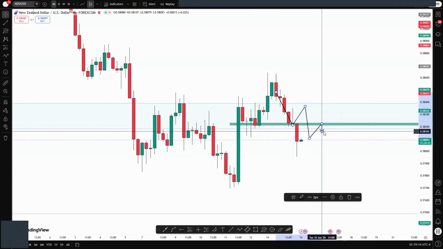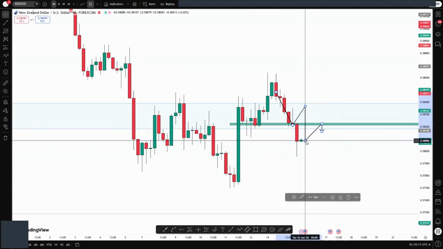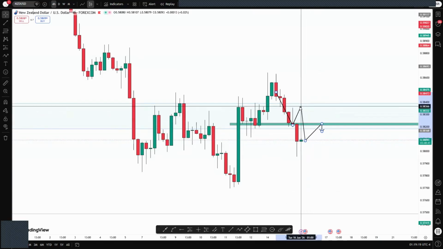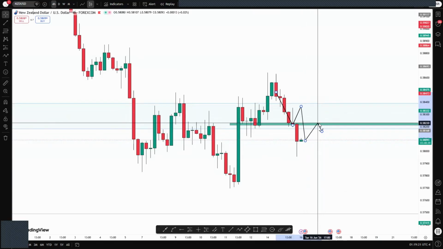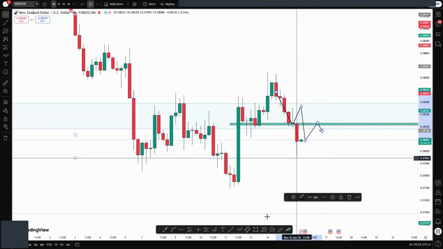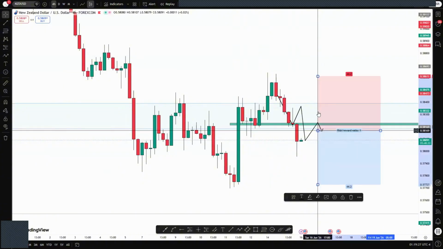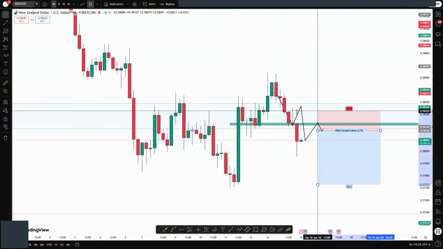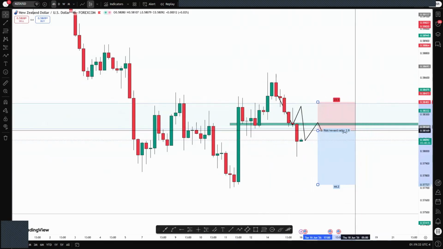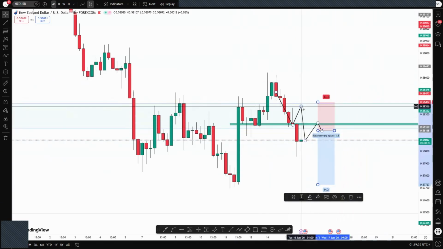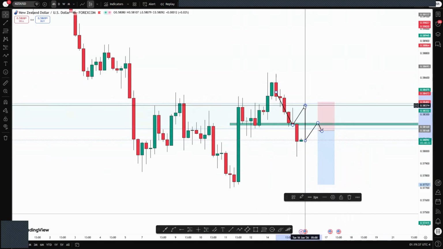And if I sell at this point, my stop loss will be around this level. You see? Knowing that the moment price breaks above this level, I'm wrong about my trade, you see?